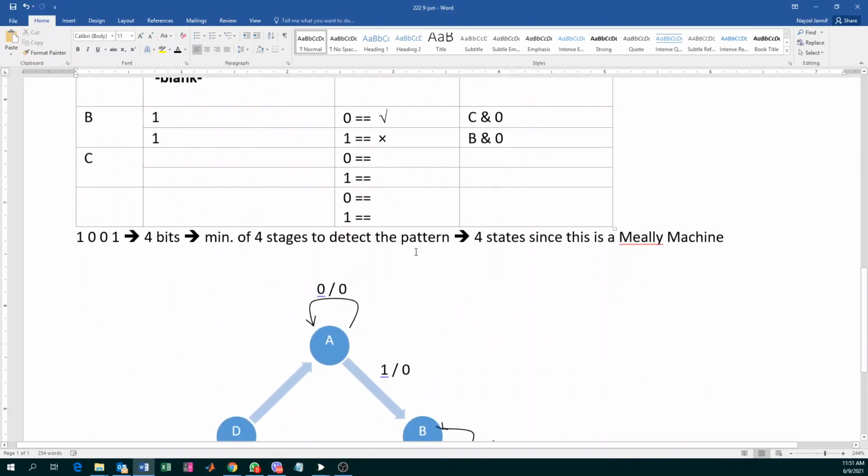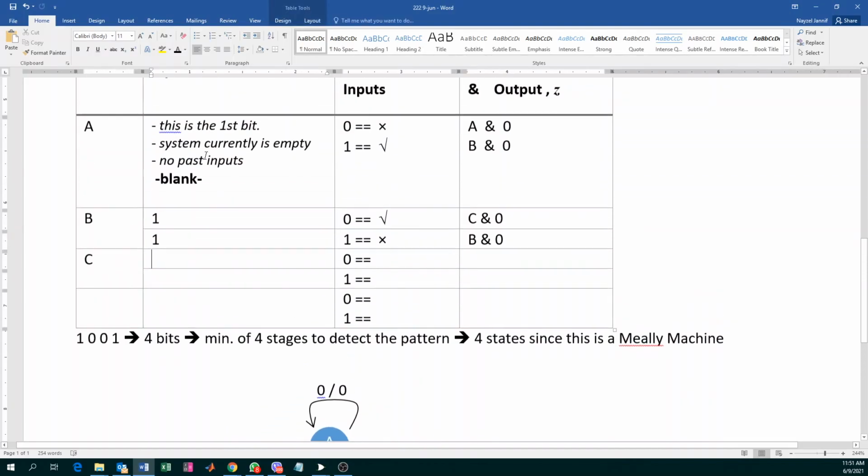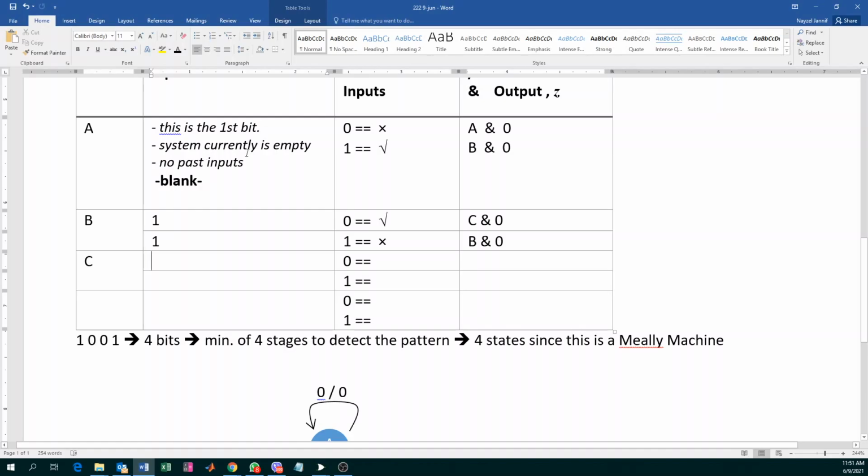Now for C, our receiving inputs are 1 from there, 0 from here. So you have 1, 0, right? And the two possible inputs are 0 and 1. Now, if you receive a 0, good.